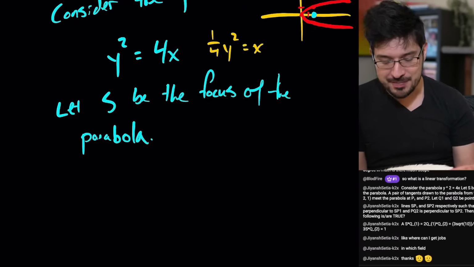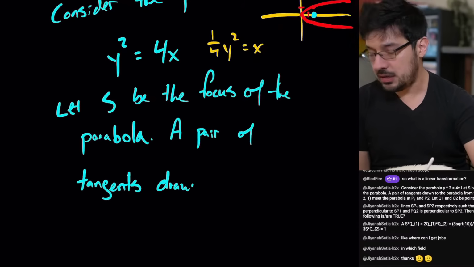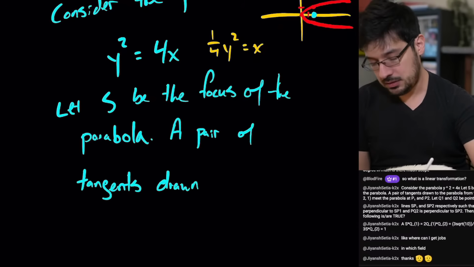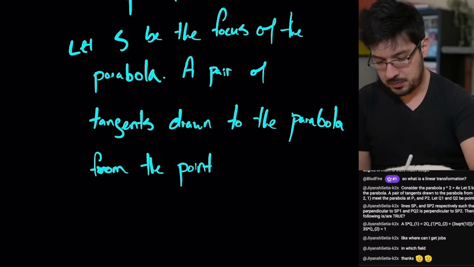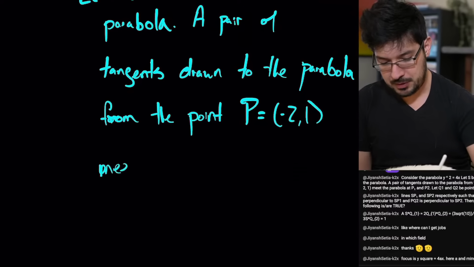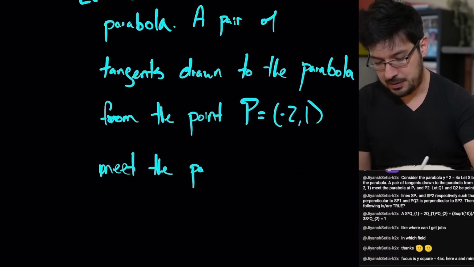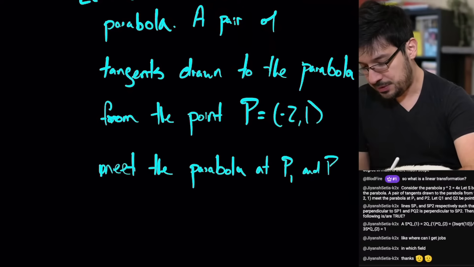A pair of tangents drawn to the parabola from the point P equals (-2, 1) meet the parabola at P1 and P2.